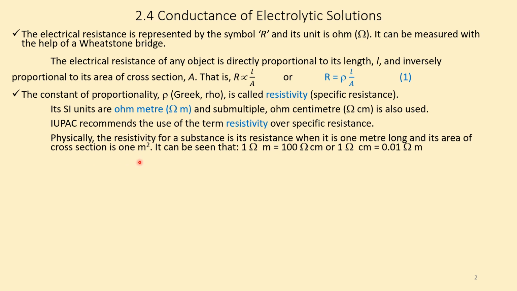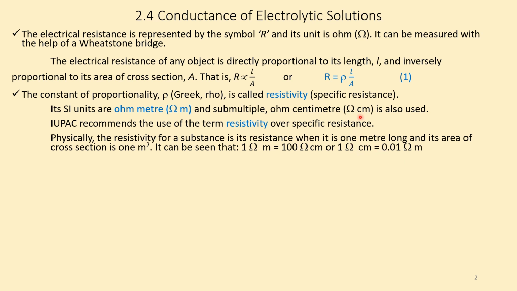Physically, the resistivity of a substance is its resistance when A is equal to 1 meter square and the length is 1 meter. So it can be seen that 1 ohm meter is equal to 100 ohm centimeter, or 1 ohm centimeter is equal to 0.01 ohm meter.